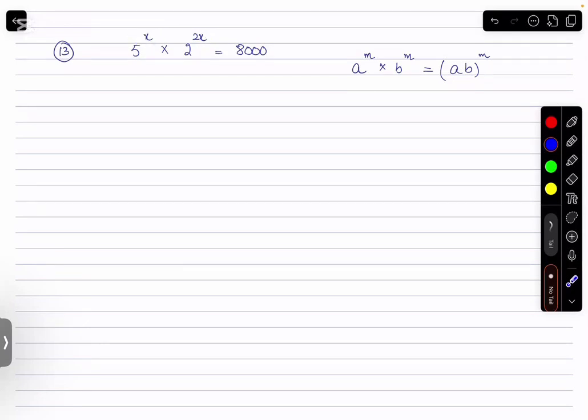Okay, my question is, क्या हम इस power को same power पे convert कर सकते हैं? I just need the power to be same. 5 की power x है, 2 की power 2x है. So is there a possibility कि मैं 2 की power को भी x पे convert कर लूं?